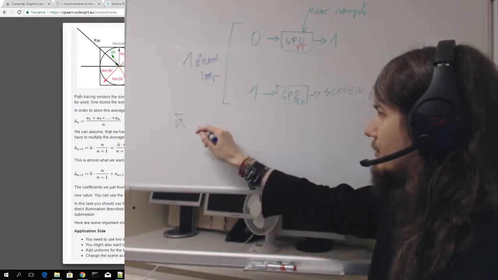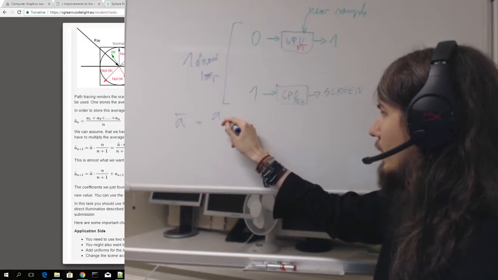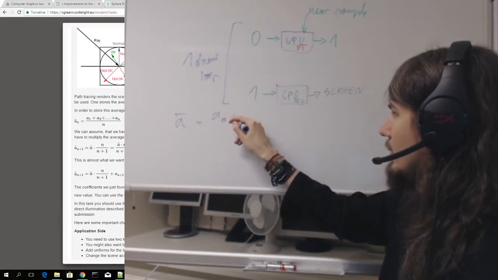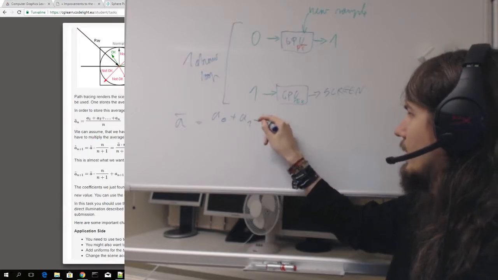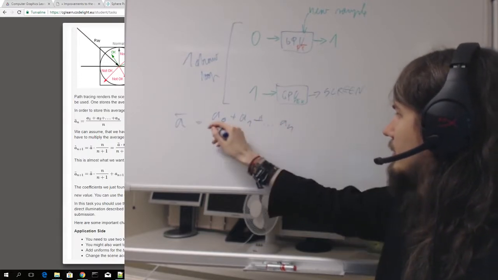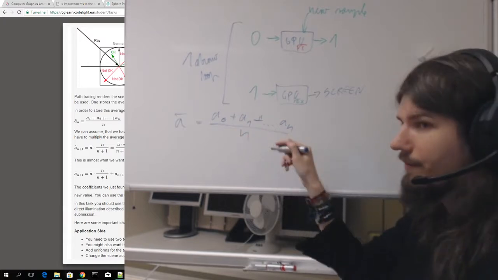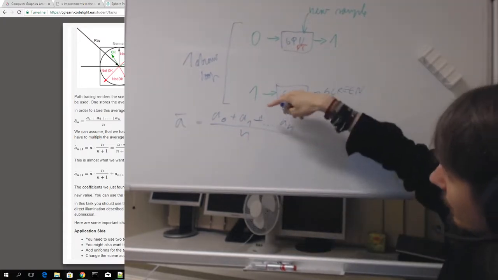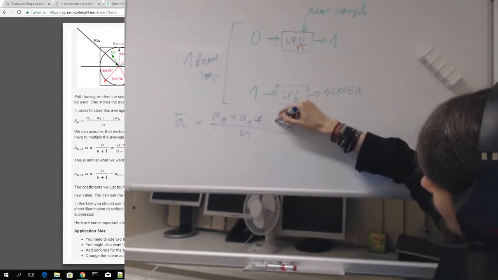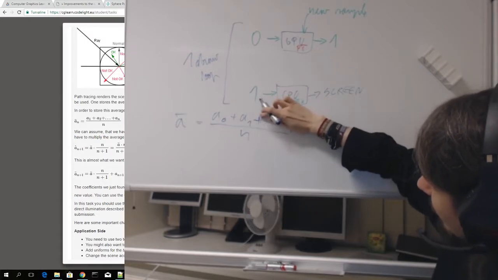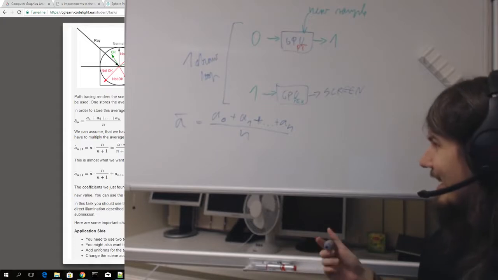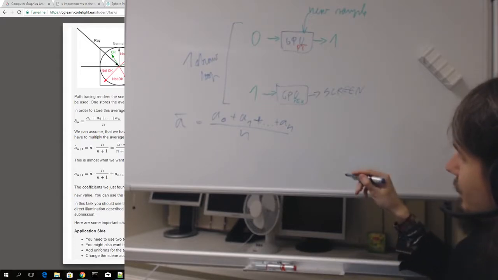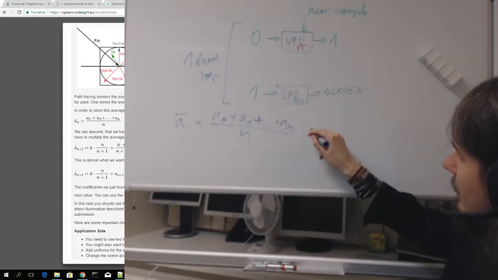So I'm going to start from here. What is an average? The average is the sum of, let's say, A0 plus A1 and so on until AN, divided by n. So the sum of all the values up to n, divided by n. This you should know. Now let's first multiply this with n.